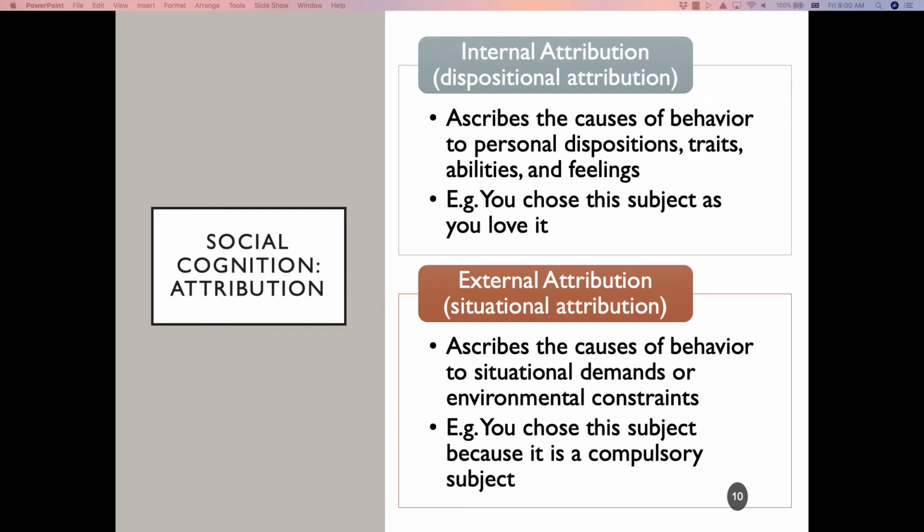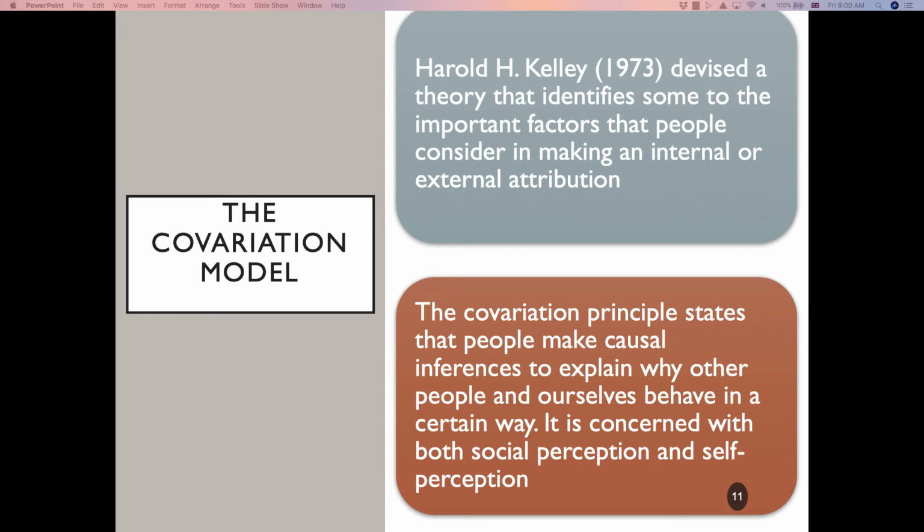So social attribution. What influences you? What is the ascribed cause of your behaviour, external or internal? And it's all about our perceptions of the event, our perceptions of the environment, the social side, and what is going on within us.